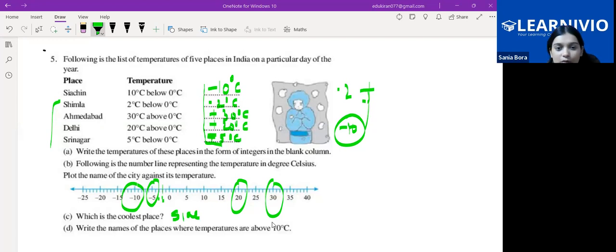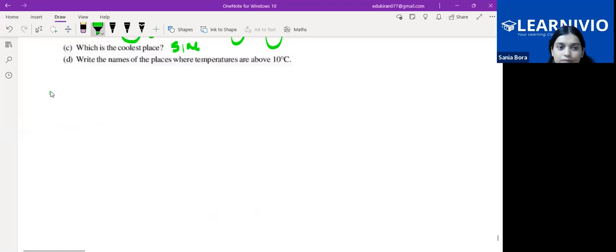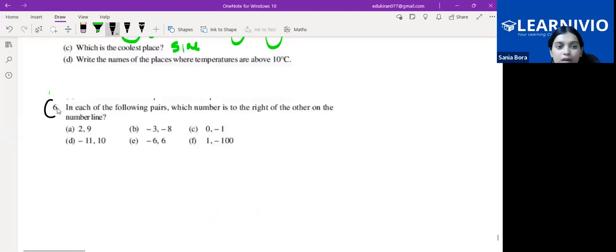Sixth one, let's see how you people do it. 6.1: In each of the following pairs, write which number is to the right of the other on the number line. 2 or 9, like this. Right means this side. Ma'am, I don't understand.